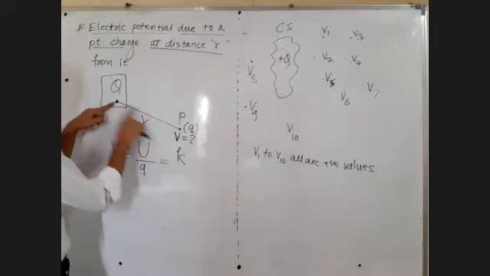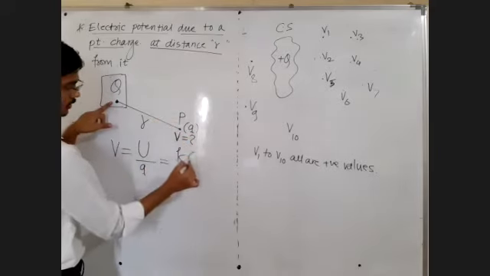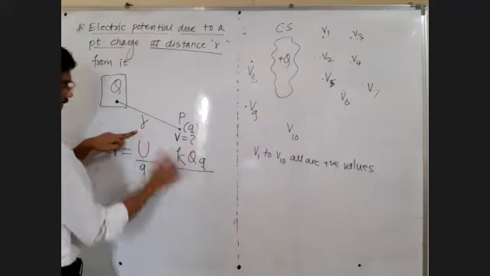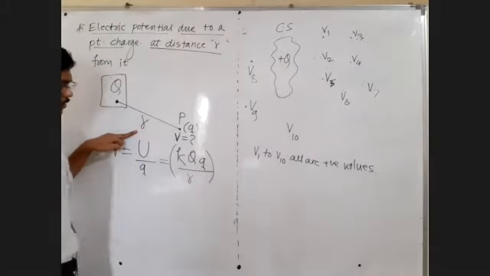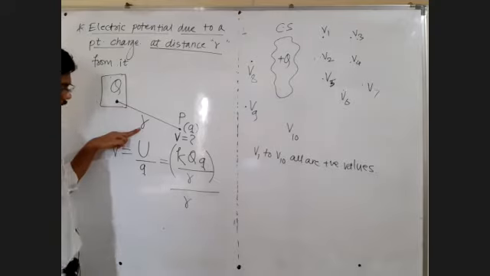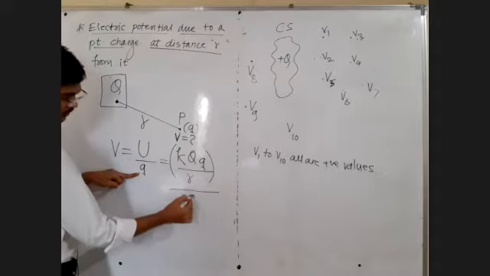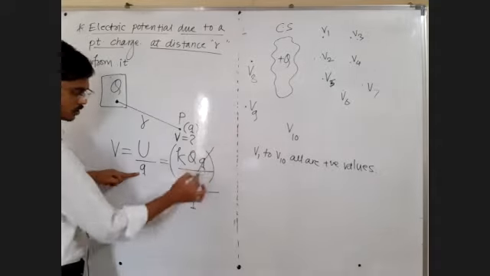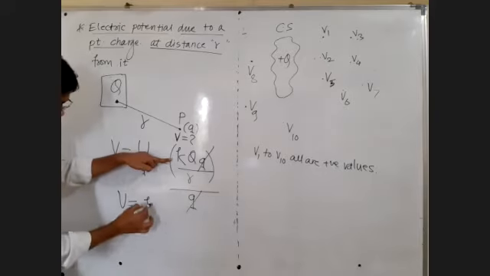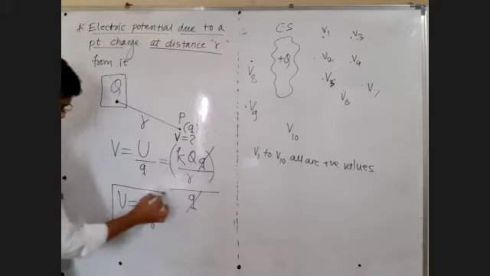What is the interaction energy or the potential energy of the charged system and the given charge? K Q1 Q2 upon R12, and R12 is r. I made a mistake. This is the interaction energy divided by charge. So this q cancels. So what is the potential? This is K Q upon r. So this is kQ upon r.